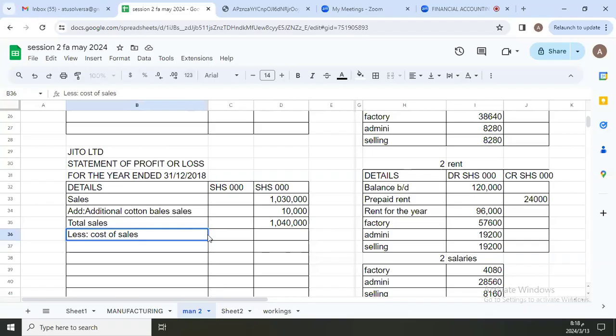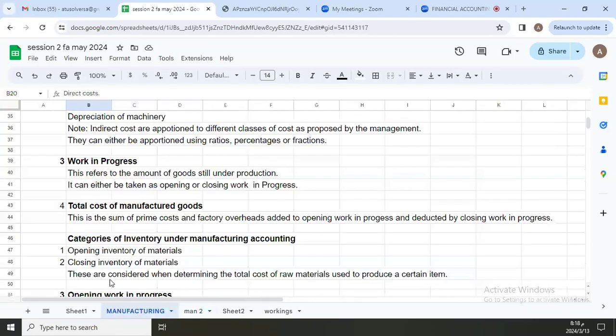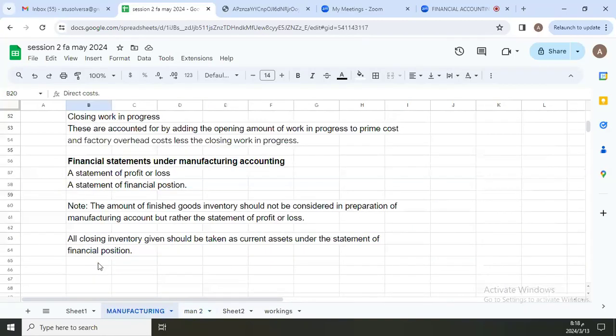So we less cost of sales, whereby I need you to remember my last note. The amount of finished goods inventory should not be considered in the preparation of the manufacturing account, but rather in profit or loss.